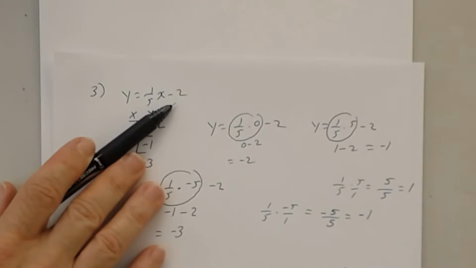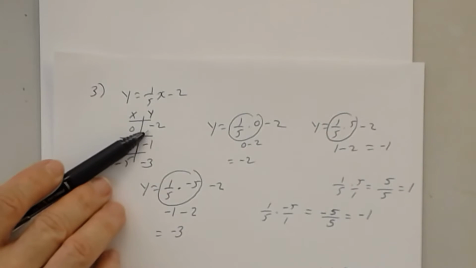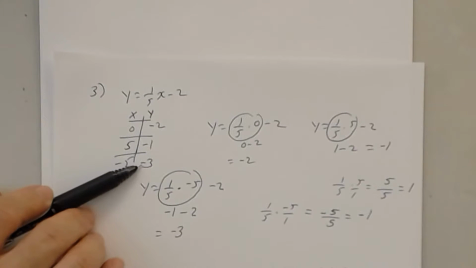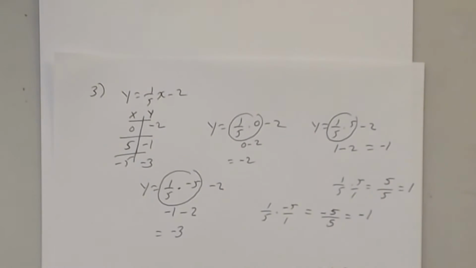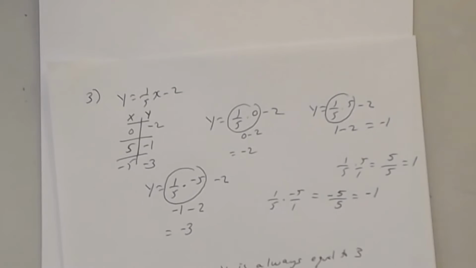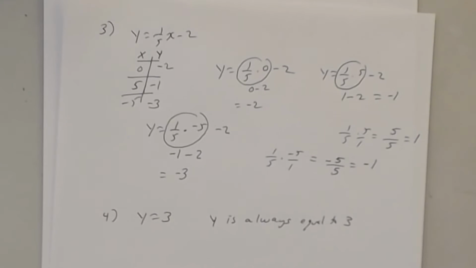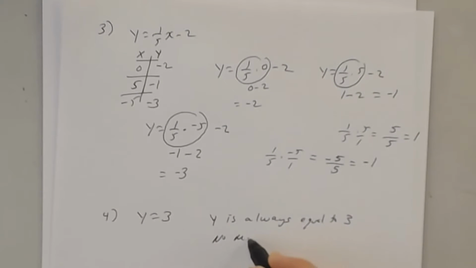And subtract 2. So that's why you notice that these y values were different each time, because my x values were different. Here, this is saying that y always equals 3 no matter what x is.